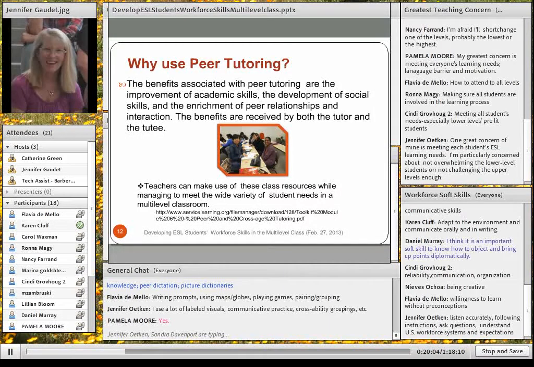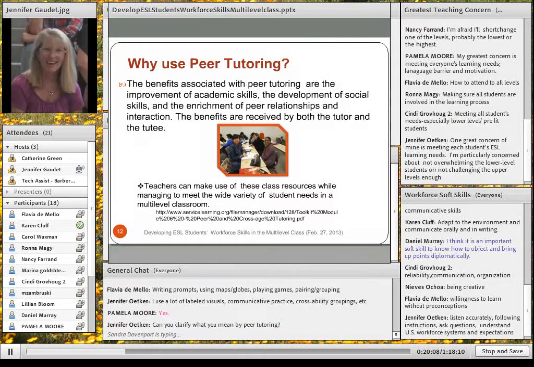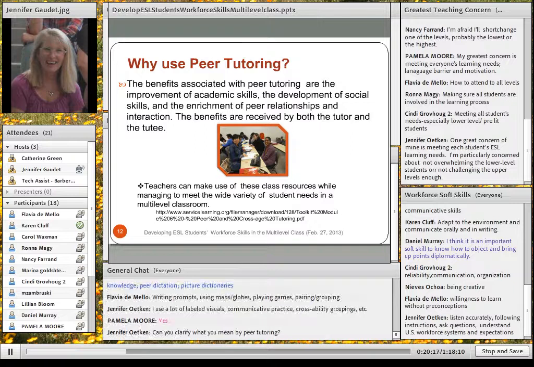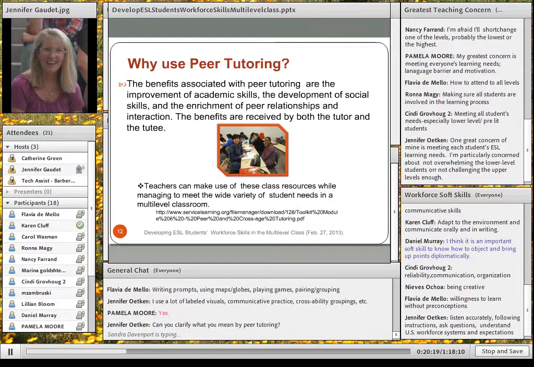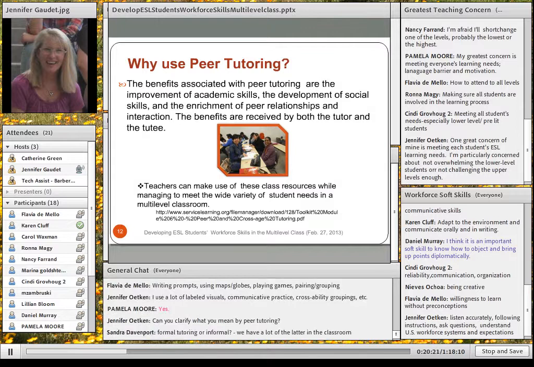All right. Wow. Okay. So the benefits, truly, are improvement of academic skills, development of social skills, and the enrichment of peer relationships and interaction. And I think teachers worry sometimes, is the tutor getting as much out of it as the tutee? And the answer as far as research goes is definitely yes.